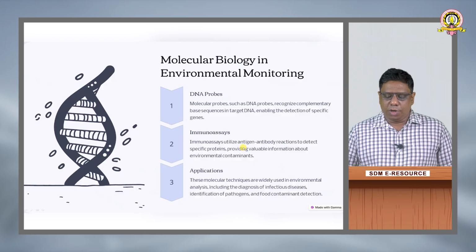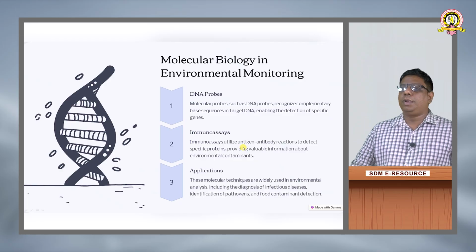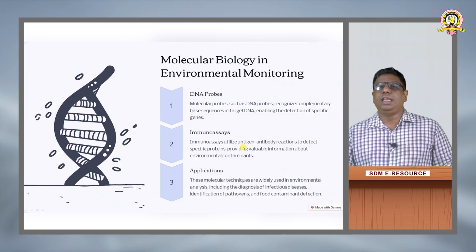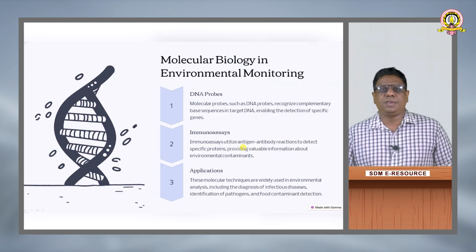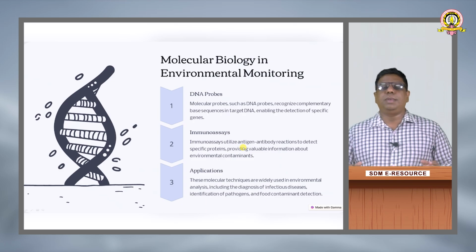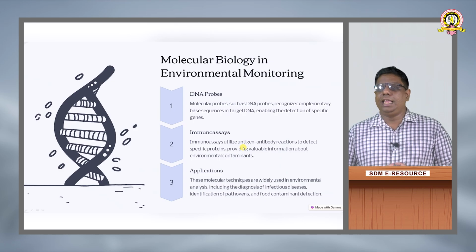DNA and RNA molecules can be used as DNA probes. They have sequences complementary to the sequence of the microorganism, and this enables the detection of specific genes. So when damage is caused by a chemical mutagen to a specific gene, we can analyze it using DNA probes.